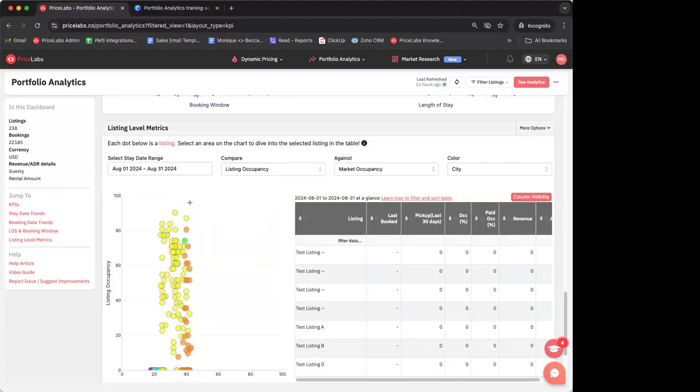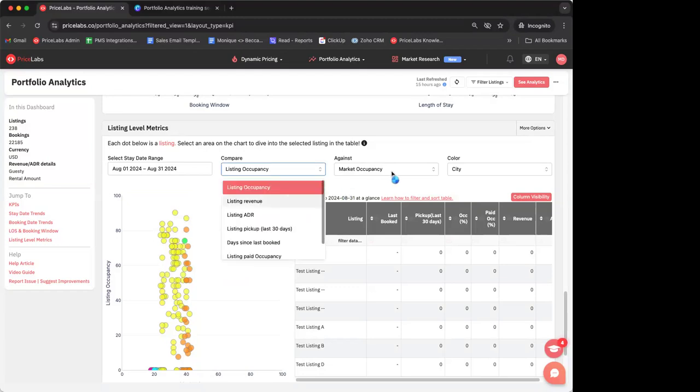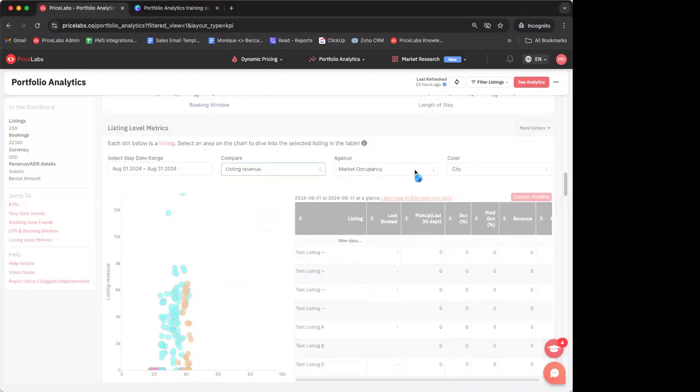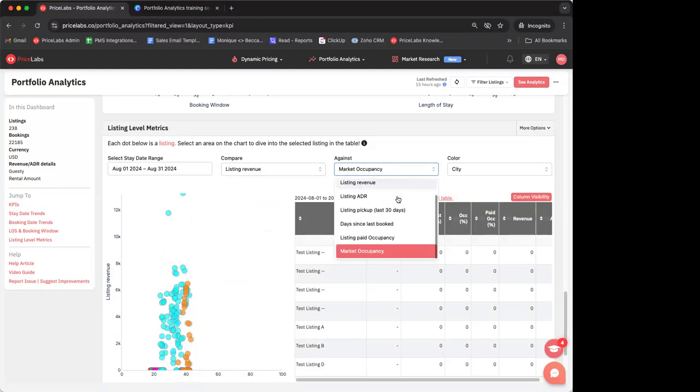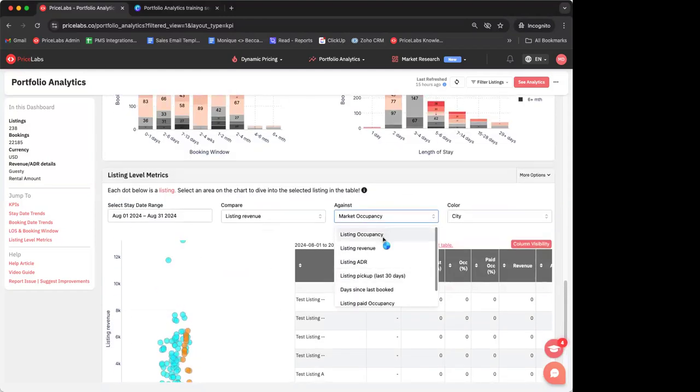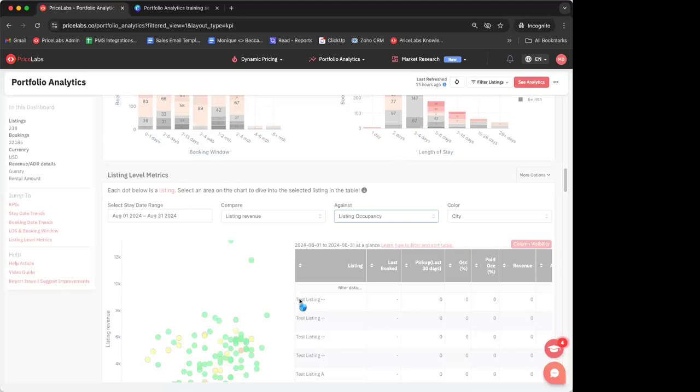If you're looking at something in the upper section here, like in the 80 to 100% occupancy where the market is stuck at around 40%, to me that indicates you're performing well. This will change based on looking at listing revenue, and you can compare your revenue to your occupancy.